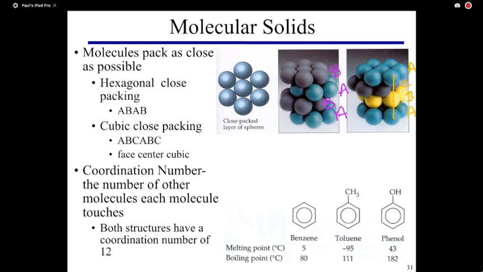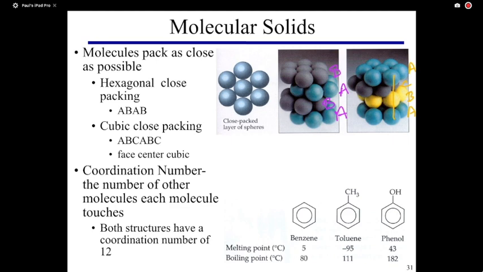Now, this mimics or looks like ionic bonding, but this is a molecular bonding, and this is as close as they can pack. If you actually take either one, the hexagonal close packing or the cubic close packing, they all pack in what's called the face-centered cubic version, and so we can use that unit cell for the types of calculations.